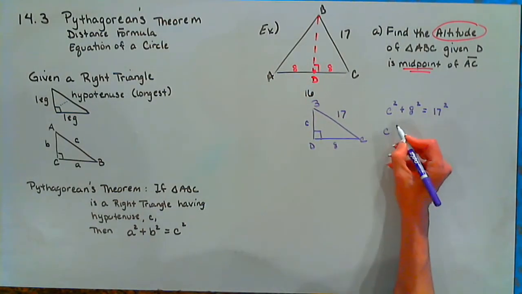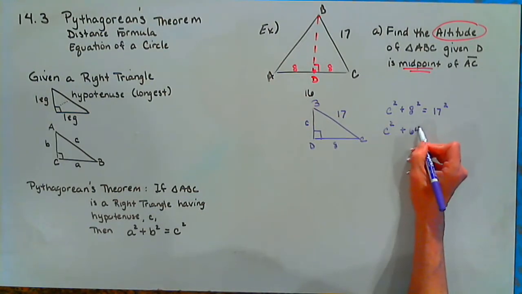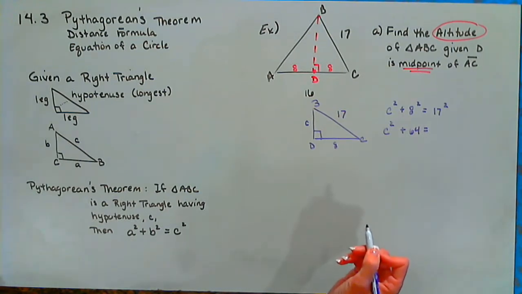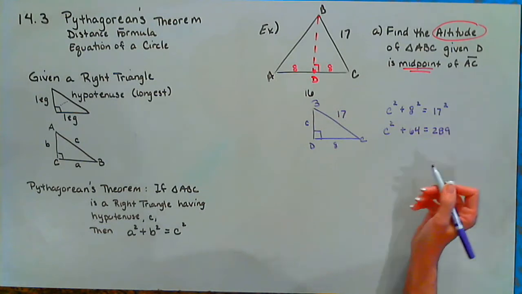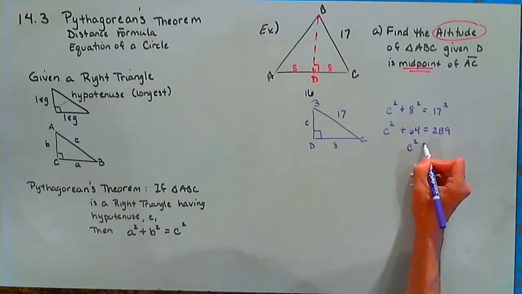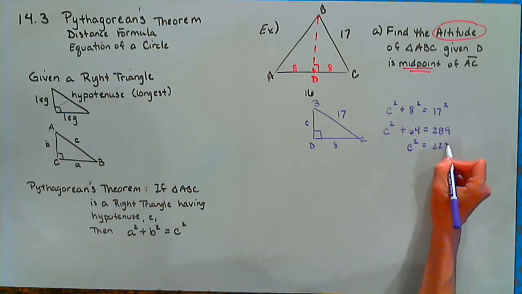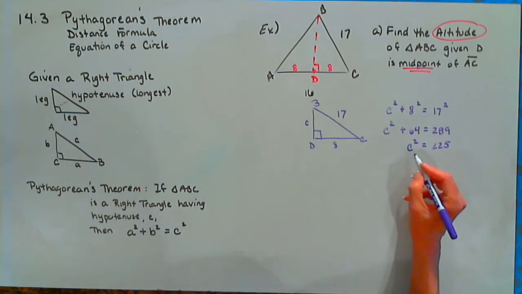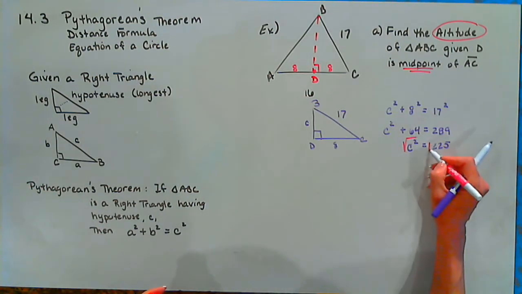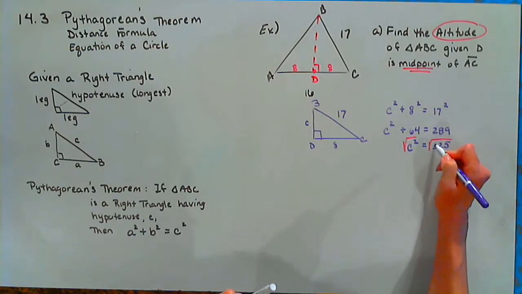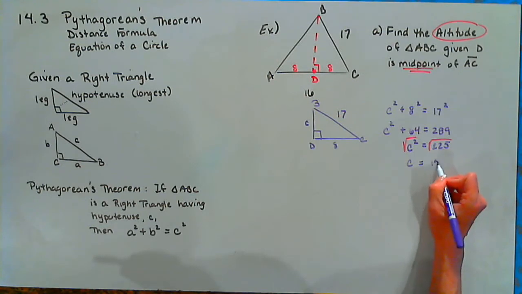And now the rest is some arithmetic. 8 squared is 64. 17 squared is 289. Subtract 64 from both sides. If we subtract 64, we get 225. And the way to find C now, if I take the square root of 225, I get C equals positive or negative 15.